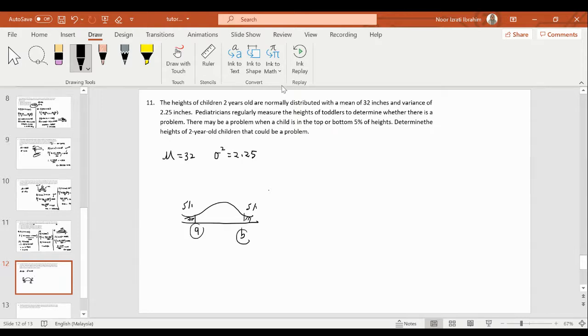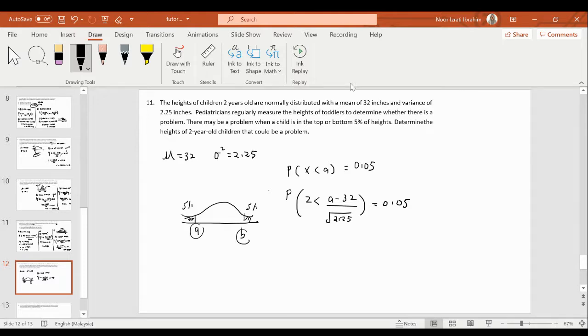So let us find the A. To find the A, we know that X less than A is given as 5%. 5% means 0.05. So first, don't forget to transform the X to become Z. Z less than A minus mean 32 divided by standard deviation, square root of variance, square root of 2.25, equals 0.05.